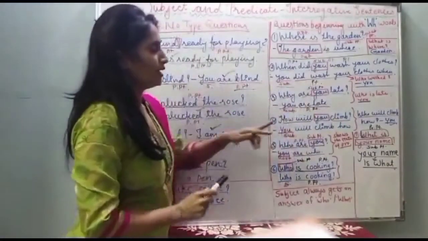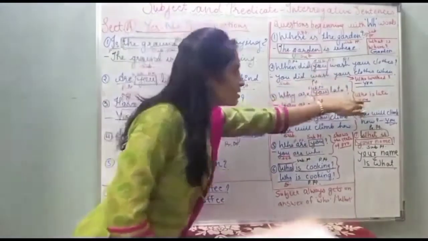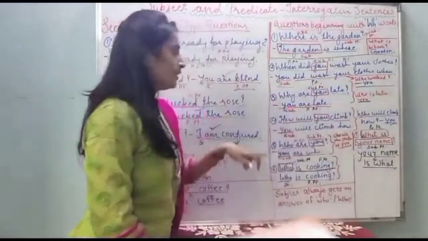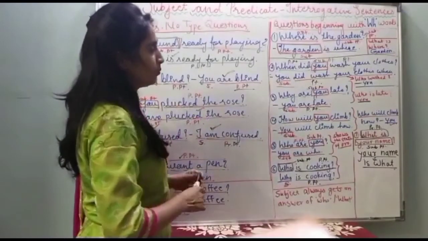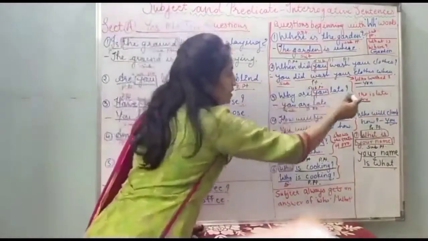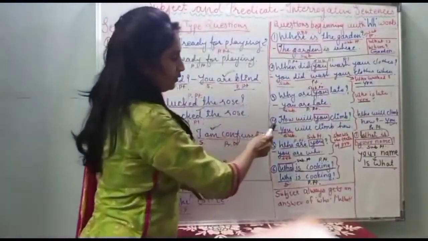Fine then, who is late? You are late. And so if you ask the question with who, then you get the answer you, and so here you is the subject. Fine then. How will you climb?